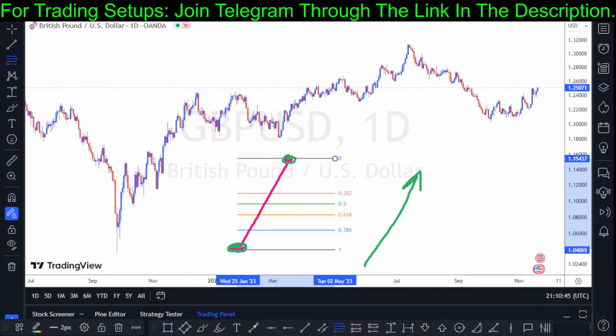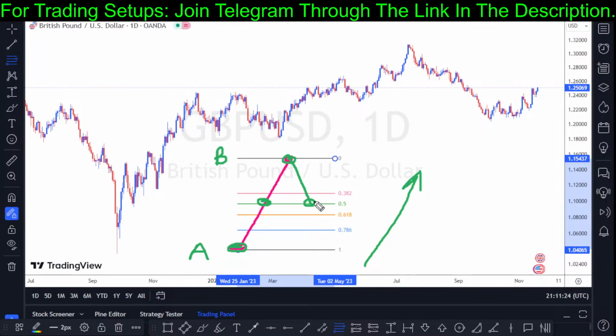As price keeps moving from this higher high, price goes to the 0.5. It technically means price has made the retracement of half the movement from point A to point B. The half of this distance is at this medium, which is the 0.5. So that is the meaning of the 0.5. It means price has retraced half of its initial movement.